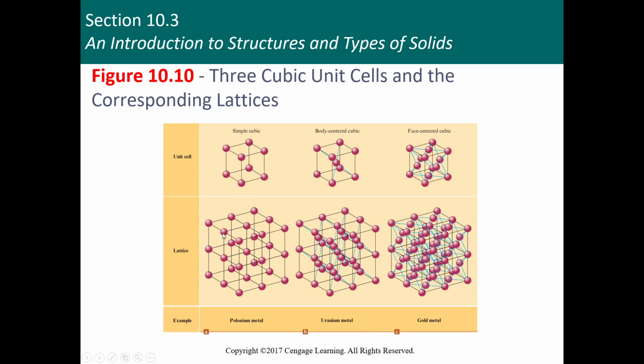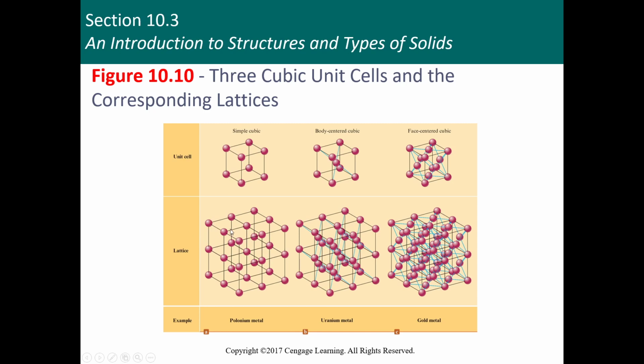So if we look here, you can see that this vertice, this atom here, there is a small portion of it in this cube on the left. There is another portion of it in this cube on the bottom right portion. See that? And so this atom is actually split among these cubes.